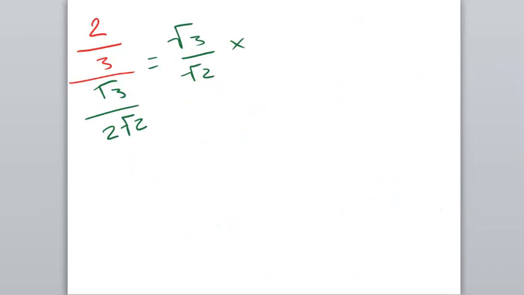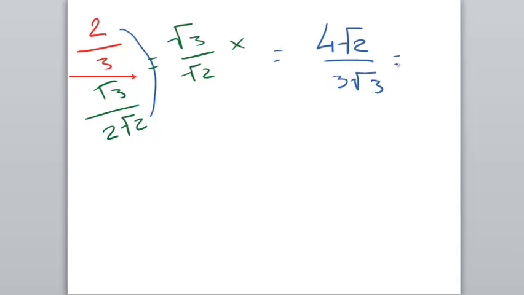So let's continue from here. Let's solve this mess. So this and this will multiply, and this will multiply. So 2 times 2 root 2, that would be 4 root 2 over 3 times root 3, which is 3 root 3, is equal to root 3 over root 2 x.